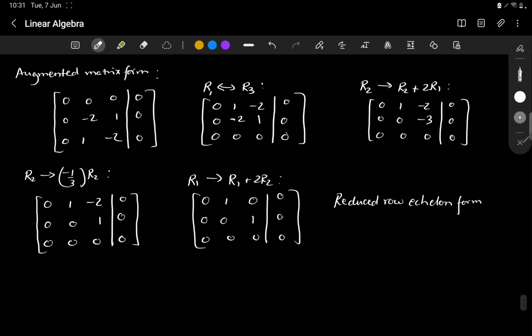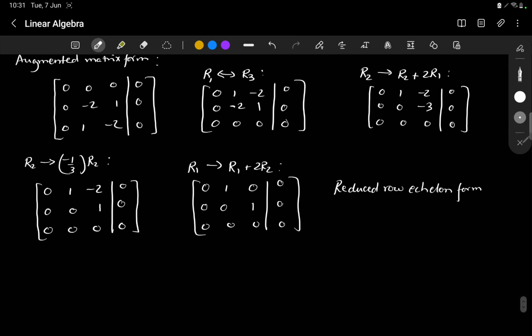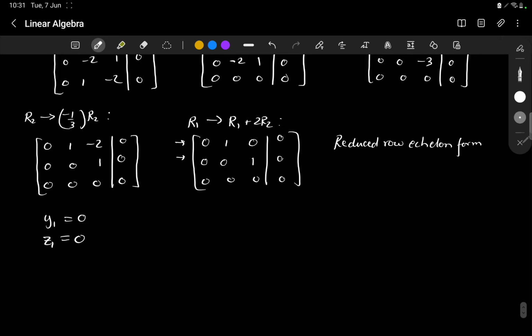So our first equation is y1 equal to 0 and z1 equal to 0 from these two equations, and we can set the value of x1 to be anything. So for a normalized vector we will take x1 equal to 1. So this gives us the eigenvector as follows for the first eigenvalue.